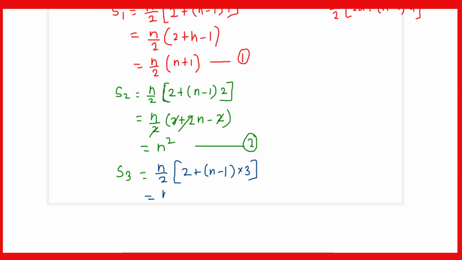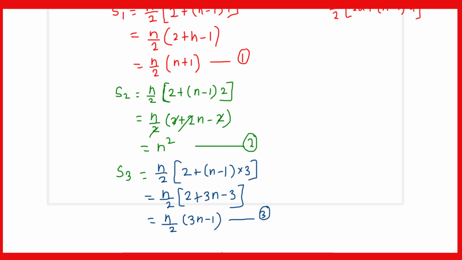So this is equal to n by 2 into bracket 2 plus, multiplying by 3 inside the bracket, 3n minus 3, close the bracket. So this is equal to n by 2 into bracket 2 minus 3, that will be minus 1. So inside the bracket it will be 3n minus 1. Close the bracket. Let this be number 3.